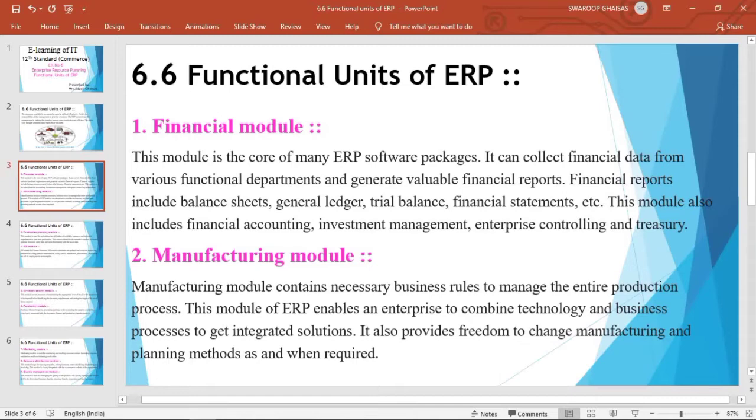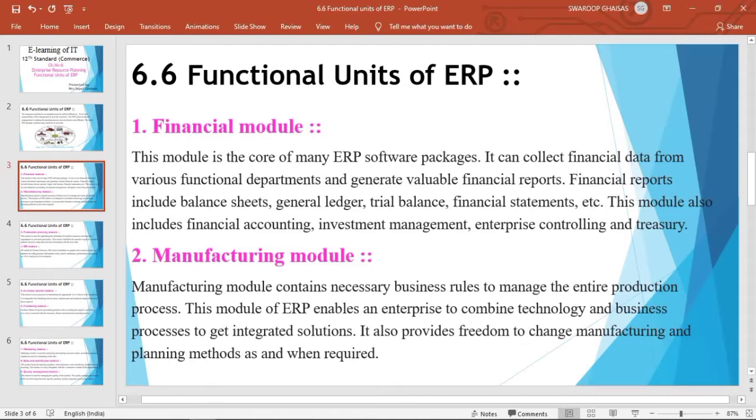The second functional unit of ERP is the manufacturing module. The manufacturing module contains the necessary business rules to manage the entire production process. It has the right to change the manufacturing and planning methods whenever required, so it provides the freedom to change them.